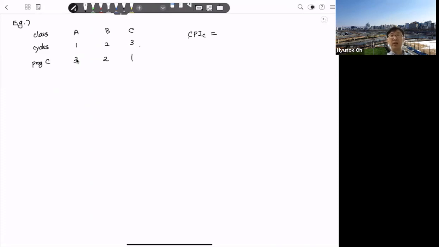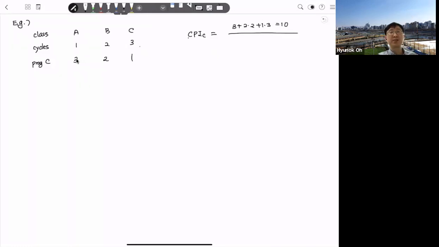There are 3 A instructions, 2 B instructions, and a single C instruction in program C. How many cycles do we need to complete this program? 3 plus 2 times 2, plus 3, so 10.